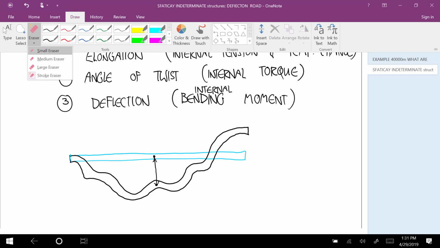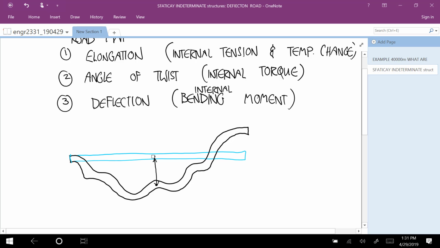Let's see. Maybe there's a smaller eraser. Oh, but it doesn't do the. I don't know. I don't have my keyboard open. Oh, okay. Well, too late now.